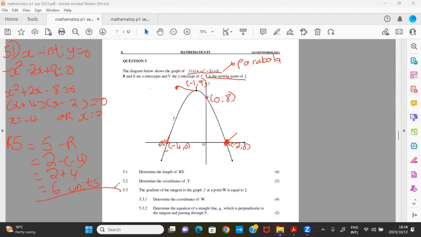But I just want you to take note that I can only do this method of subtracting when I am on a straight line.